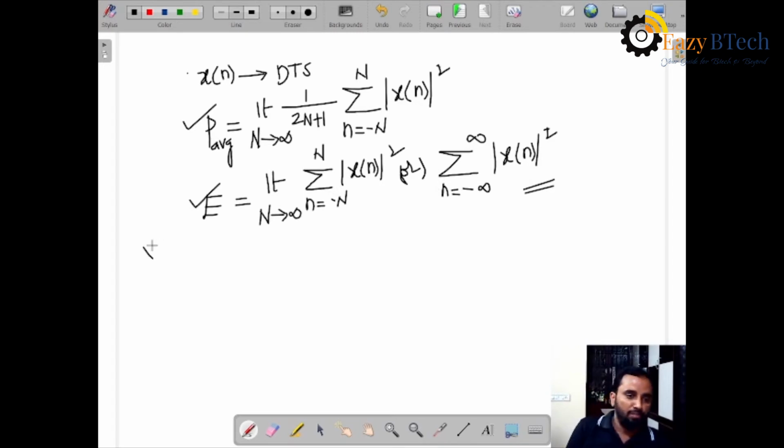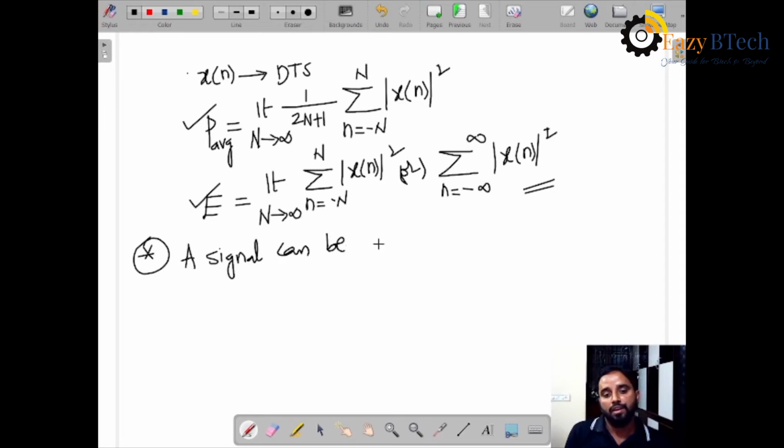So here one point I can tell: a signal can be neither an energy nor a power signal.